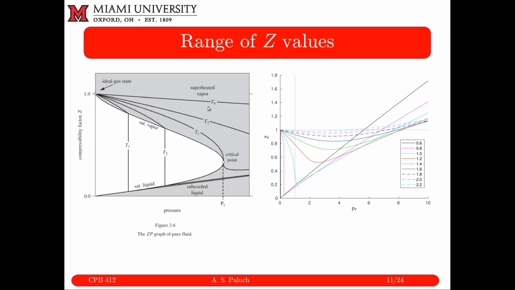If I'm in superheated vapor, they're going to be closer to 1. If I'm in subcooled liquid, they're going to be closer to 0. The others are extreme conditions and very unlikely that you'll encounter them. If you do, you'll probably be aware that they're extreme conditions, and you might need to go back and look at your notes.